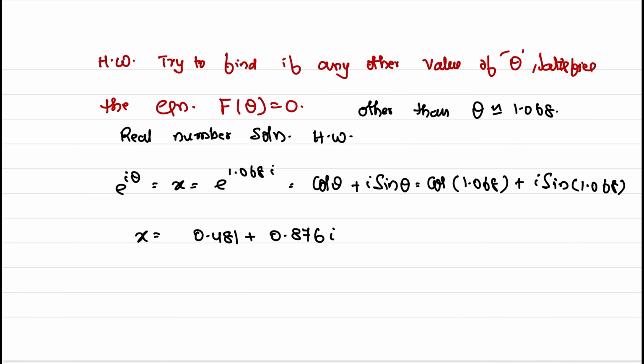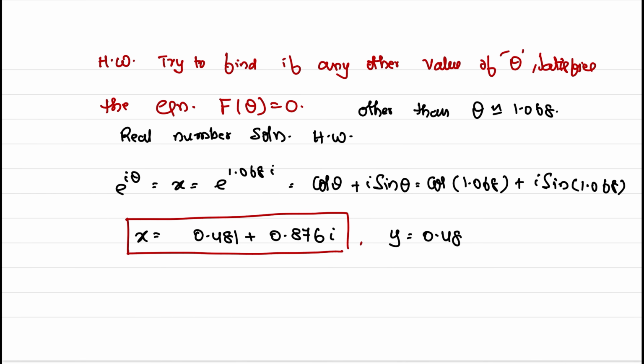This is the value of x. And what is the value of y? y is equal to 0.481 minus 0.876 i, because it is the complex conjugate of x. That's what we have assumed.